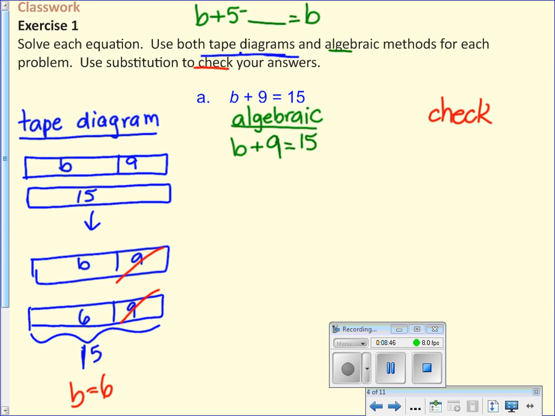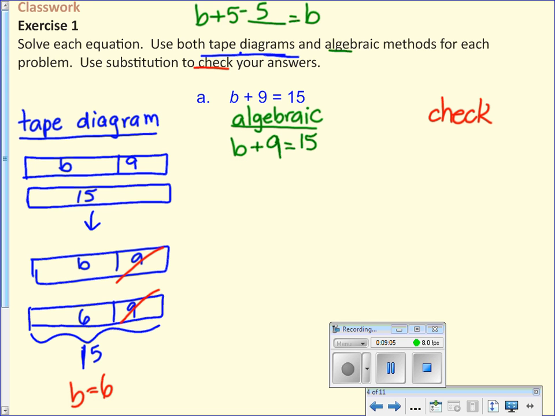If I have B and then I add 5, what do I have to do to get my B back? Right. Do you remember that? Yes. Way back, I think that was lesson 1.